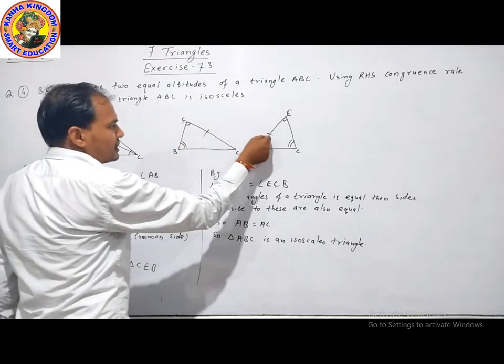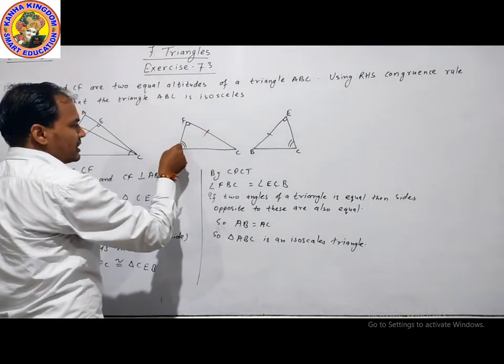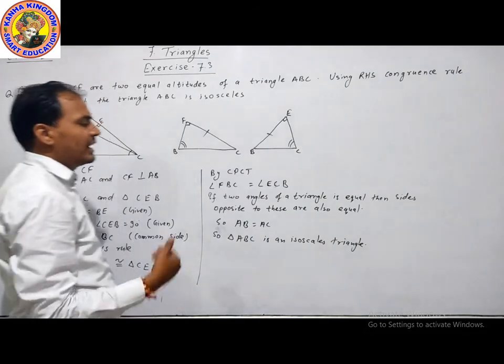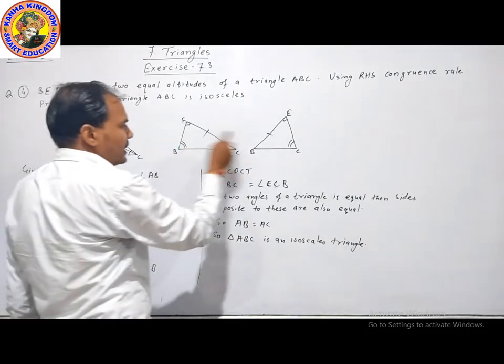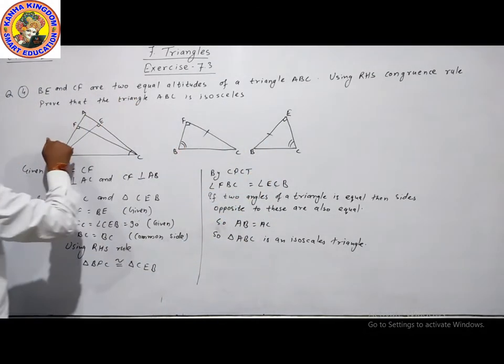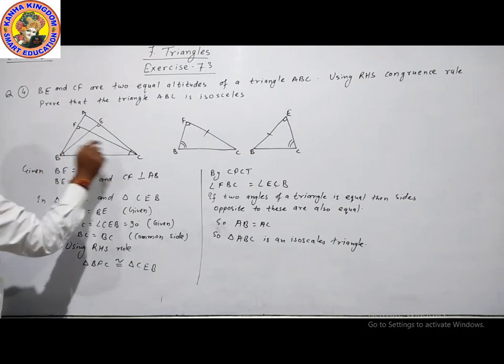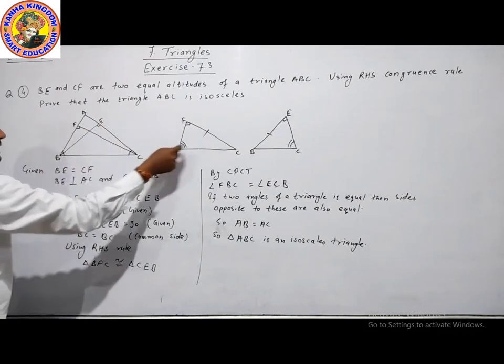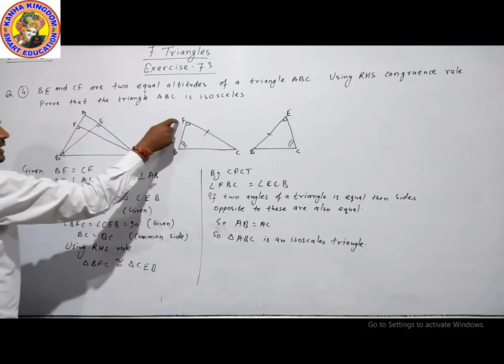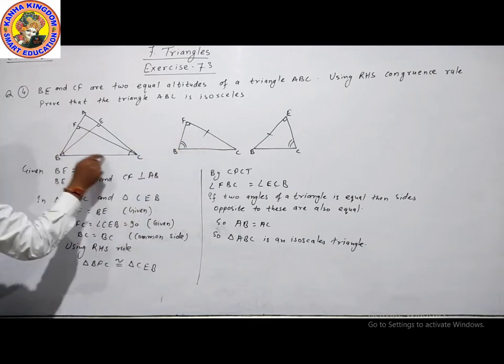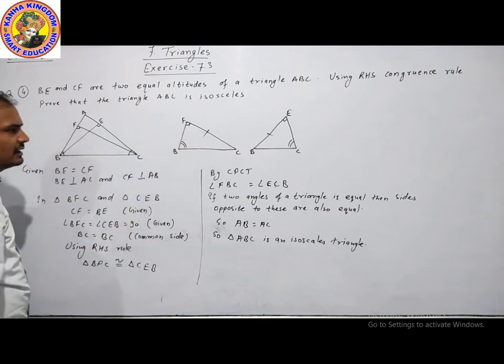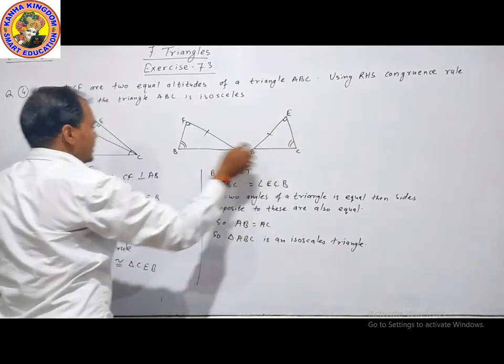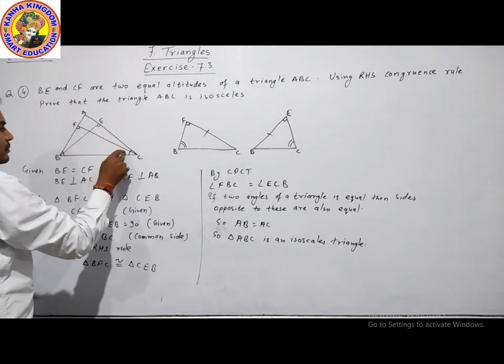By CPCT, this and this side are equal, so this angle and this angle, the respective angles, are also equal. So angle B and angle C are equal. In this diagram, angle B and angle C are equal. BFC, so FBC, this complete angle, and ECB, this complete angle.